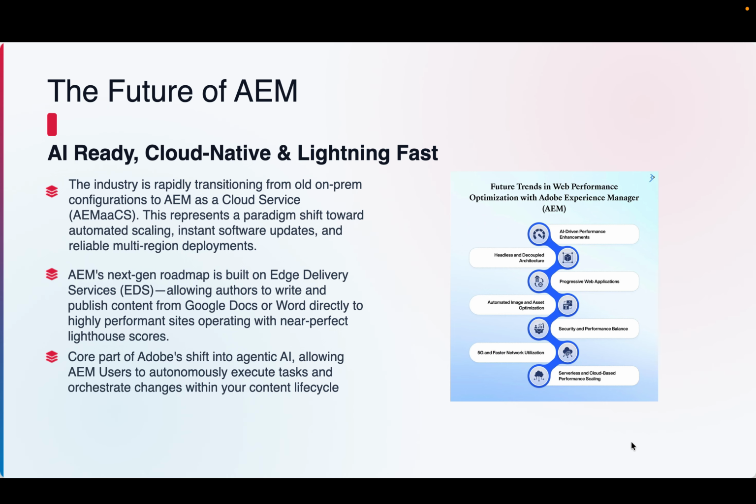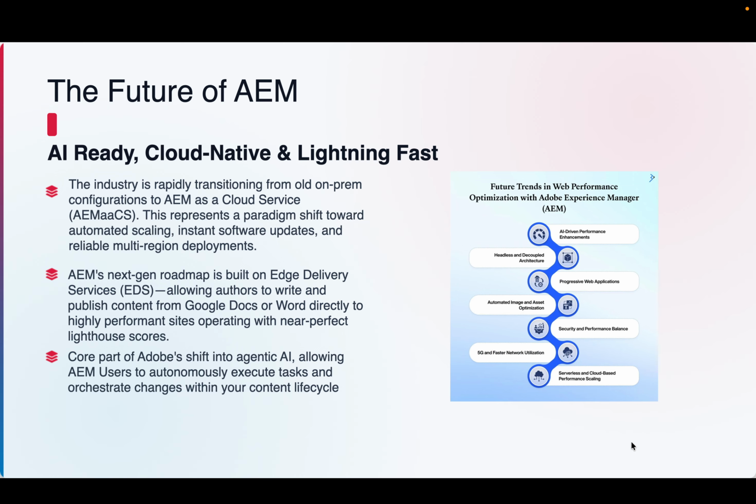But the real game changer for front-end developers is Edge Delivery Services, or EDS. Edge Delivery Services introduces a performance-first publishing tier that executes the code and serves static, server-rendered HTML straight from the CDN edge.